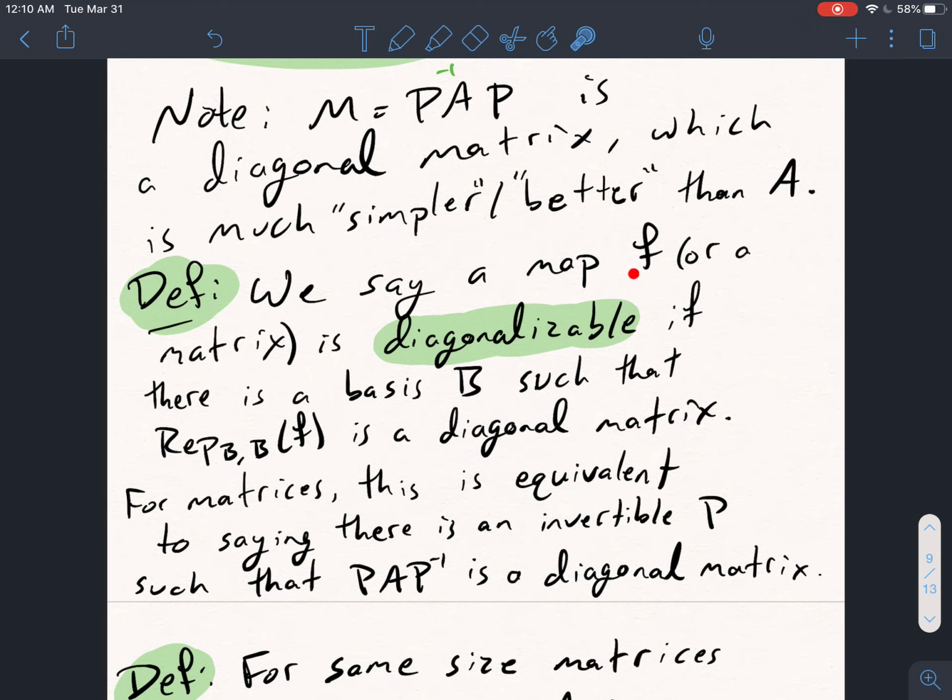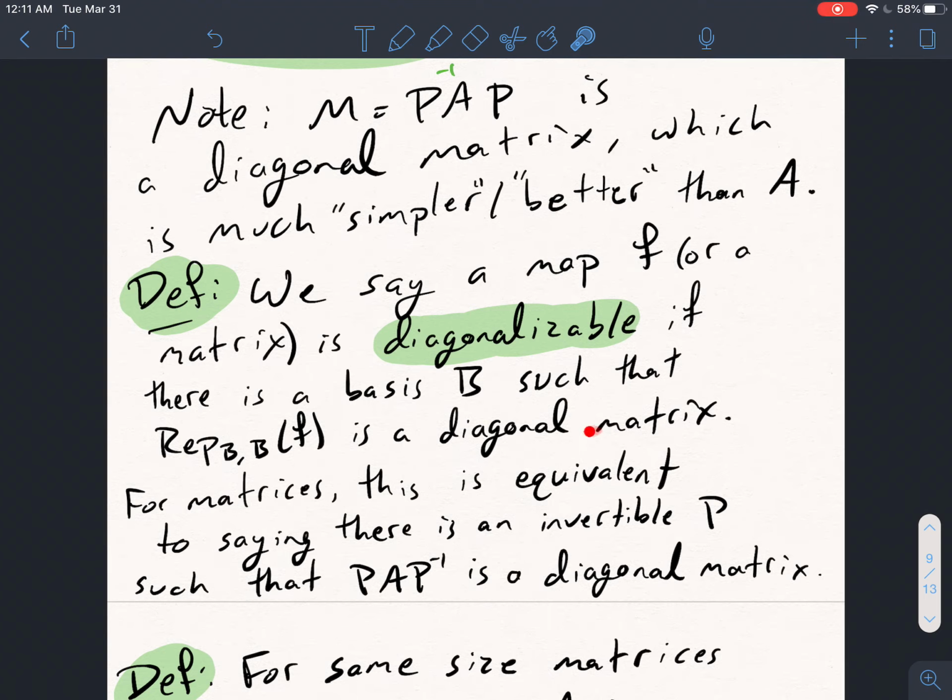We say that a map F or a matrix, there's a way to define diagonalizable for a matrix. So we say that a map F is diagonalizable if there is a basis B such that the representation of F with respect to B and itself is a diagonal matrix. So this is the exact situation that we had in the previous example.